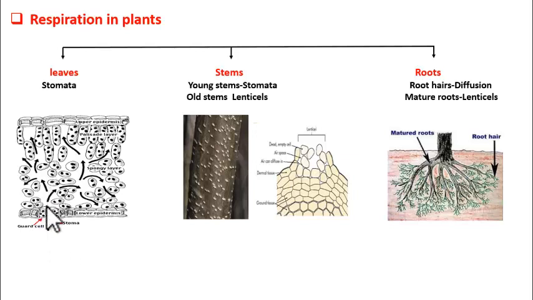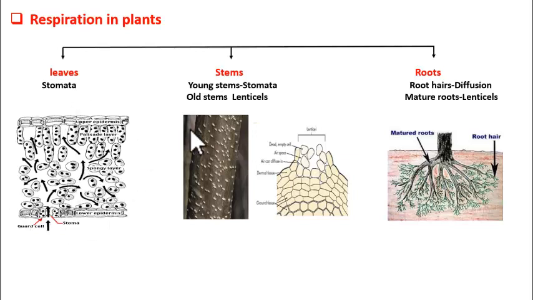So oxygen enters through stomata, then into cells, and carbon dioxide is more inside the cells because of continuous activity, continuous respiration. So carbon dioxide comes out of the cells, takes the same path and is ejected out through the stomata. So this is how respiration in leaves takes place.